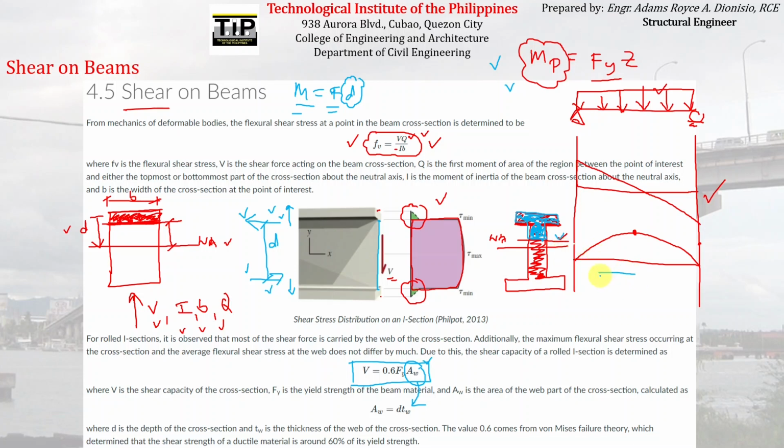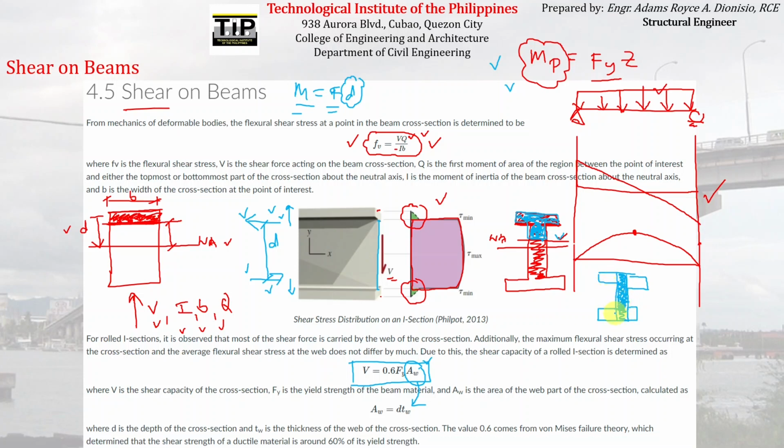If this is the I beam, the shear area, the Aw that we are talking about, is not only this area of the web, but we also included this portion, the flange. Okay, so that is the shear area that we theoretically expect will resist shear stresses.